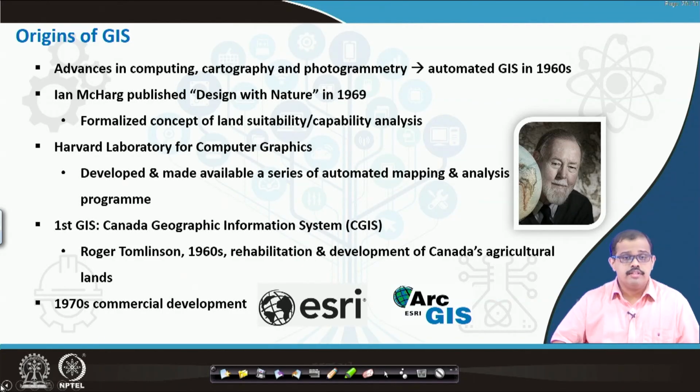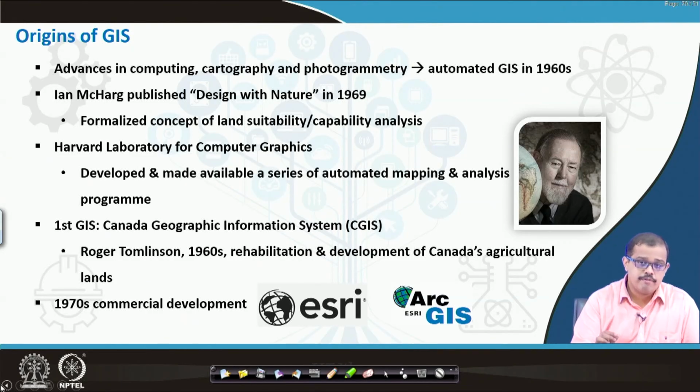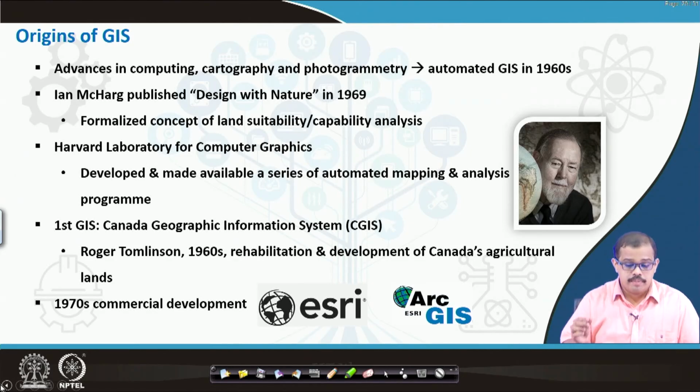Then if we have to say when the entire package of GIS was built, the first GIS was born with the Canada Geographic Information System, also called CGIS. Roger Tomlinson, in the 1960s, worked on the rehabilitation and development of Canada's agricultural lands, wherein he introduced the concept of a geographic information system, where the geographic information on the agricultural lands was developed based on how to rehabilitate and develop these agricultural lands for the Canadian system.